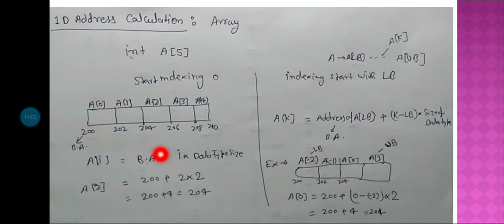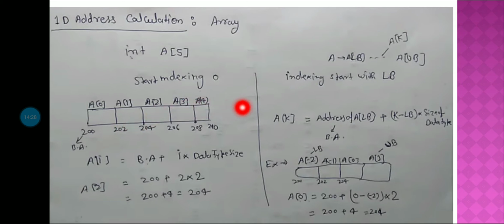So let's take an example of an int array of size 5. Start with 0-based indexing, so the upper bound is 4. Now A of I, what is the main aim here? If this is an array of 5, fine, you can count 1 2 3 4 5. But if this is an array of 500, then what?